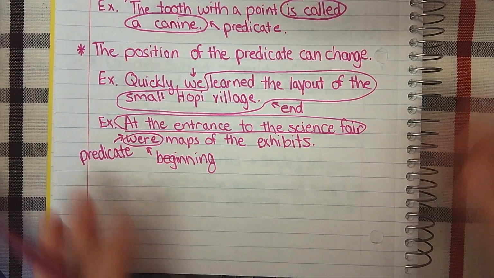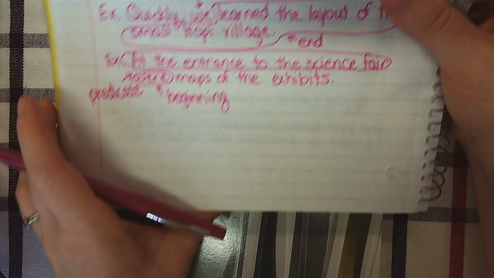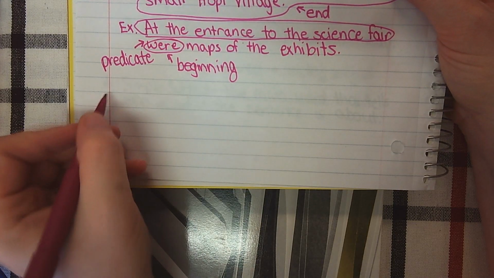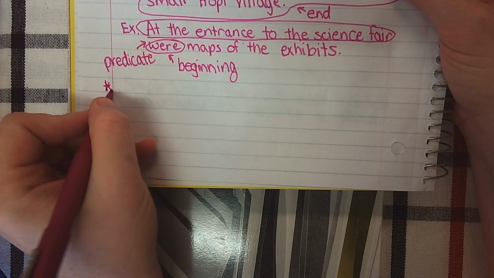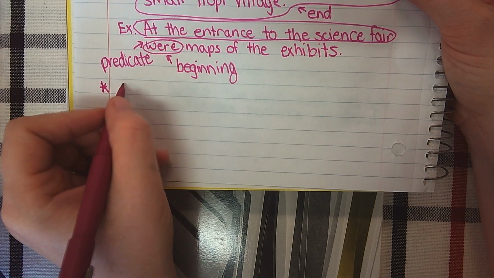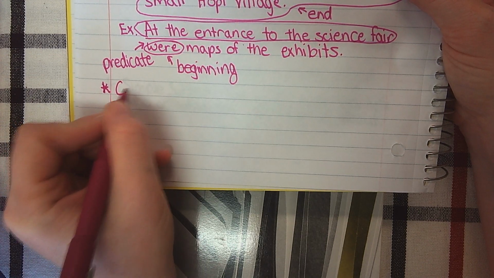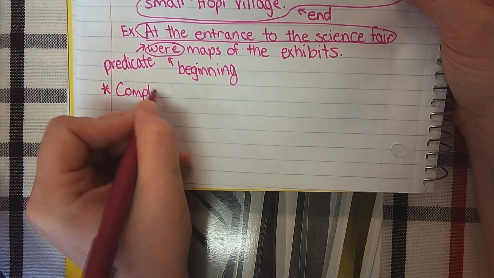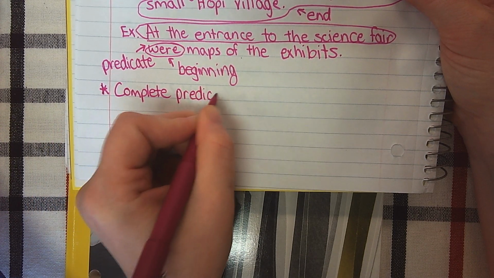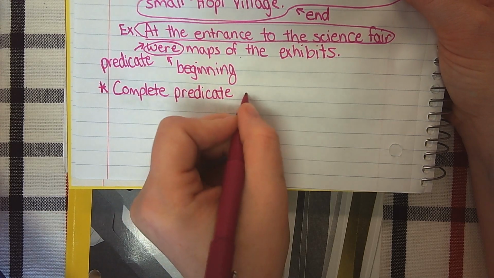Okay. The next thing we need to identify is the simple and the complete predicate. So let's do another star. And we're going to write down complete predicate and simple predicates.